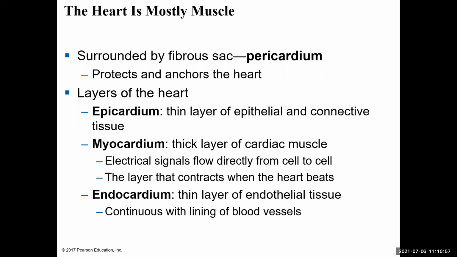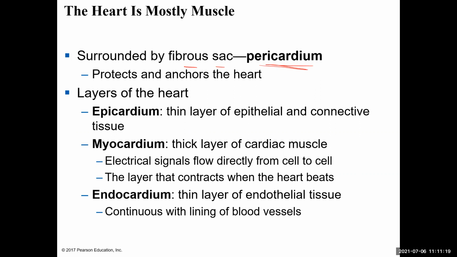It has some blood vessels. It has fat that surrounds it, but it's mostly cardiac muscle. Okay? And it's surrounded by a fibrous sac that we call the pericardium. That pericardium anchors the heart in place, and it also protects it.